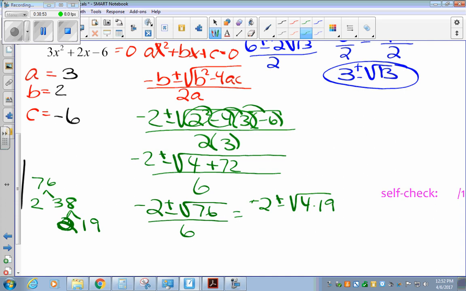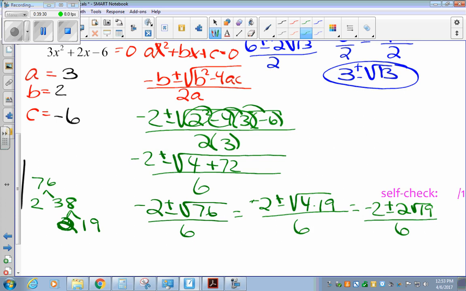I thought 72 was negative for some reason. And square root of 4 is 2. Here's the whole thing. 76, true or false, 4 times 19. Okay. What's the square root of 4? So go ahead and bring that out. 19 stays underneath. Is it pretty nice?